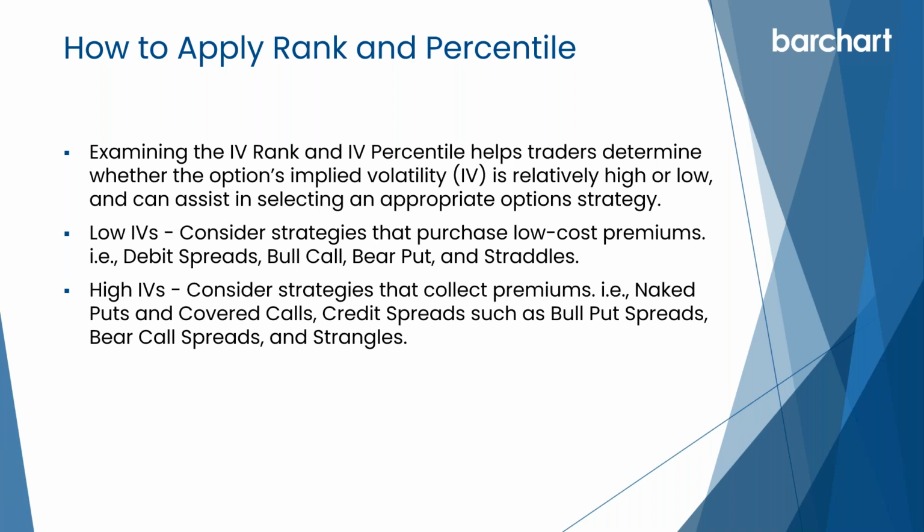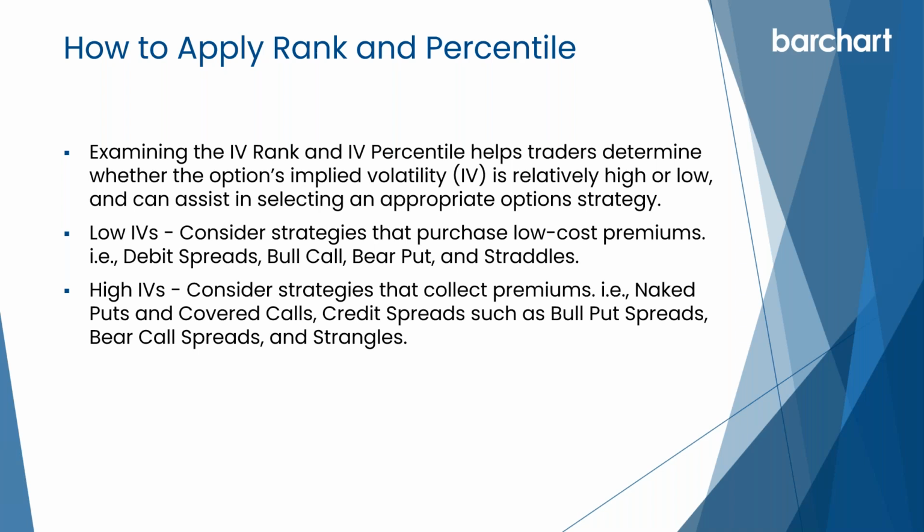Now, in high implied volatility conditions is a greater opportunity to sell covered calls on stocks that we already own. IBM would be a great example of that. Or in the case of bear markets, like today's current conditions, to sell naked puts or cash secured puts on securities that we want to add to our portfolio.